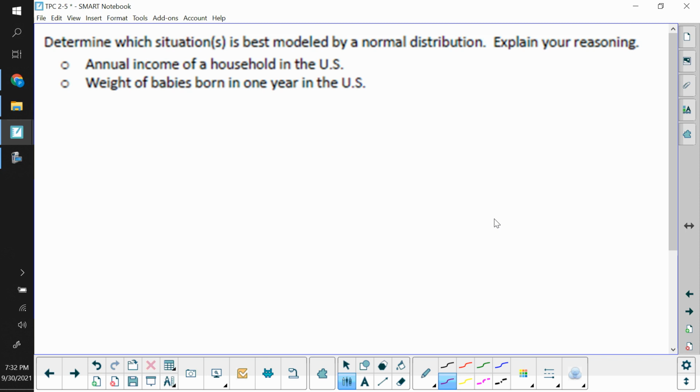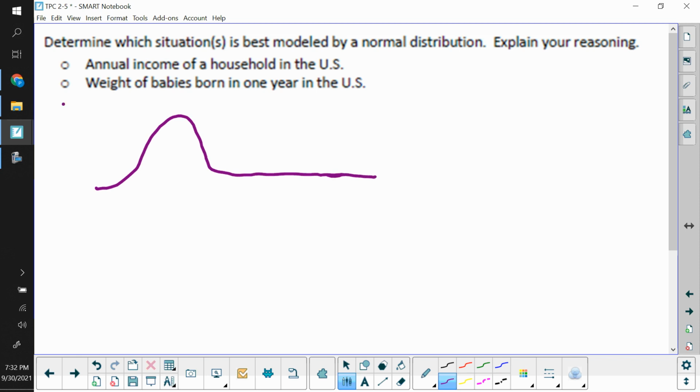So a normal distribution, again, mean, median, and mode should be about equal. We should have one mound, and it should be nice and symmetric. And we've got two scenarios here: average income of a household and weight of babies born in 1 year in the US. We want to know which of these is better modeled by a normal distribution. Well, if you think about income, the majority of people are on the left end, but then you've got some hugely wealthy people.